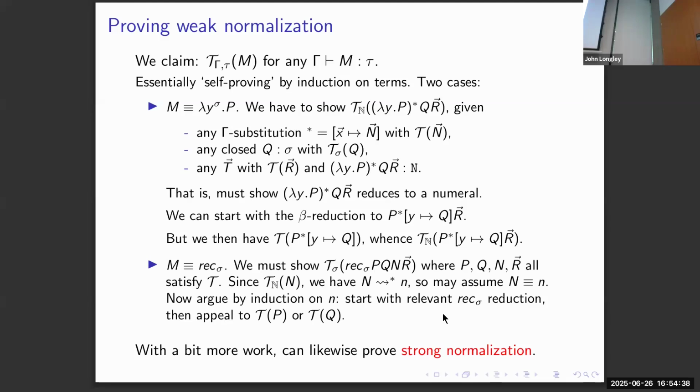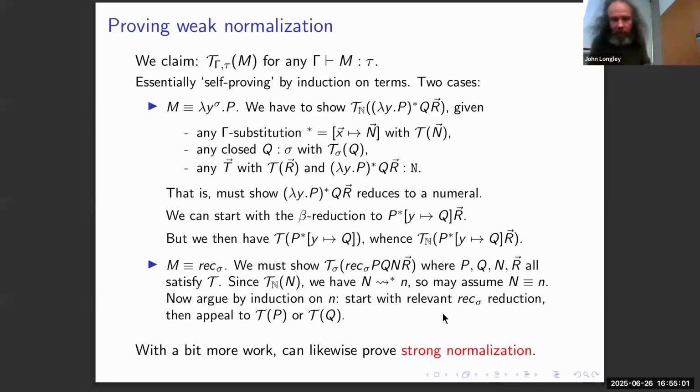Right. In the proof, is there something significant less than the strong normalization proof? Each of these bits of argument here would be about twice as long. So you're telling me that you can consider just one reduction path in all of the cases.